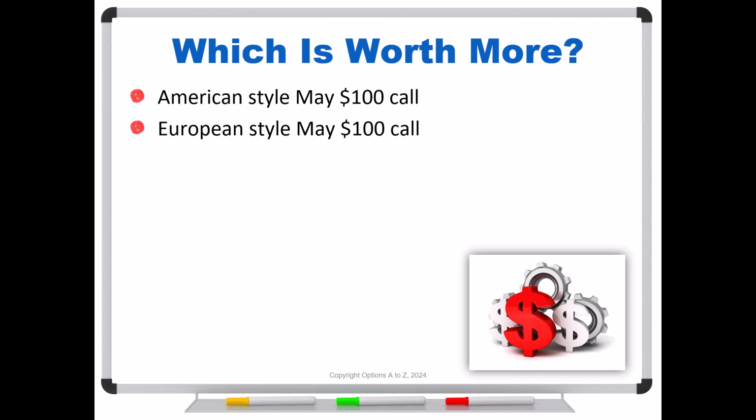So we might see the S&P 100, the OEX. If you trade OEX options, they are American style. But you can also trade the XEO, that's just having the letters reversed, and they are now European style. So the question is, which should be worth more? Well, let's apply the restriction principle.